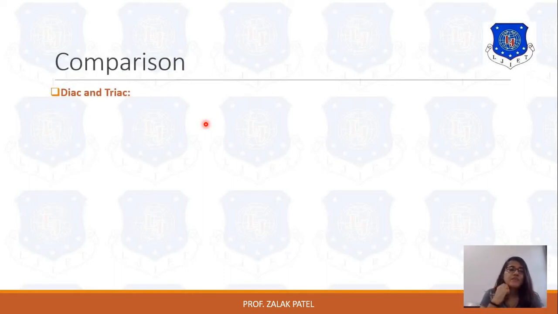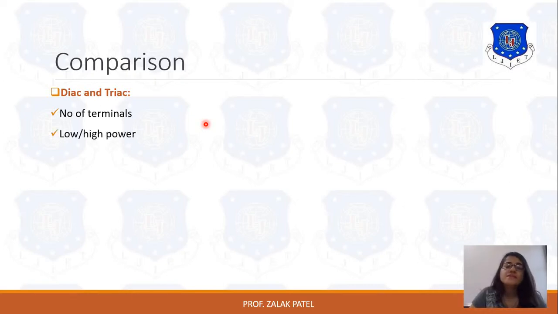Next comparison is between DIAC and TRIAC. DIAC is diode for alternating current, TRIAC means triode for alternating current. About number of terminals, you can differentiate them. DIAC has two terminals without gate control, so it does not have three terminals, while TRIAC also has a gate terminal, means it has a total of 3 terminals. DIAC operates as a low power device, TRIAC is a high power device.